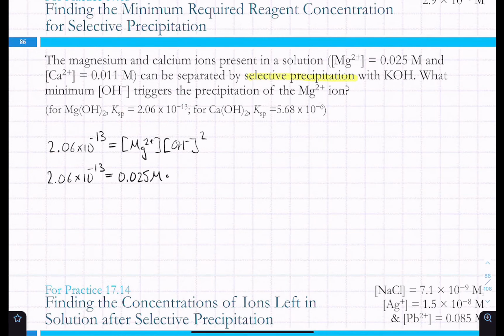And we could really replace hydroxide here with any variable. I'm just going to leave it as OH minus. So we can take 2.06 times 10 to the negative 13 divided by 0.025, and then take the square root of that. So 2.87 times 10 to the minus 6 molar equals concentration of OH minus.